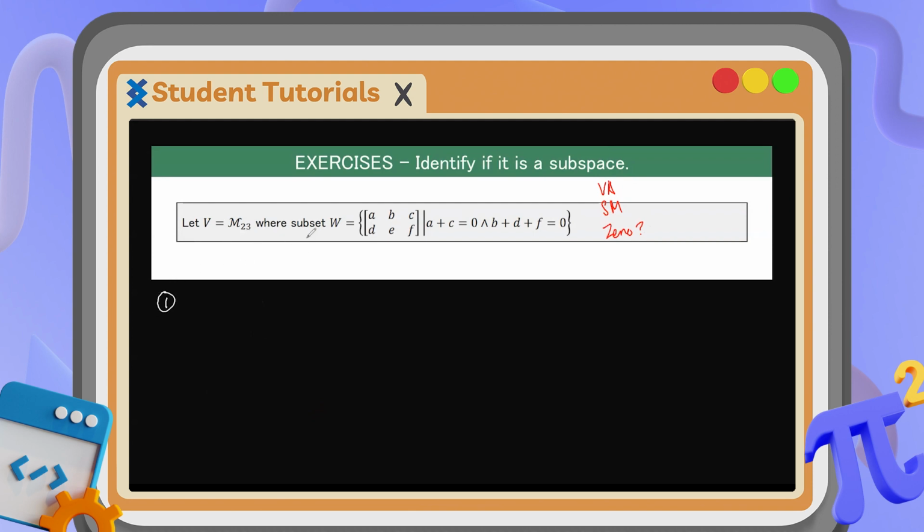So first, we investigate the vector addition. So here, we add them together. So this becomes a sub 1, b sub 1, c sub 1, d sub 1, e sub 1, f sub 1. Applying vector addition to another element.